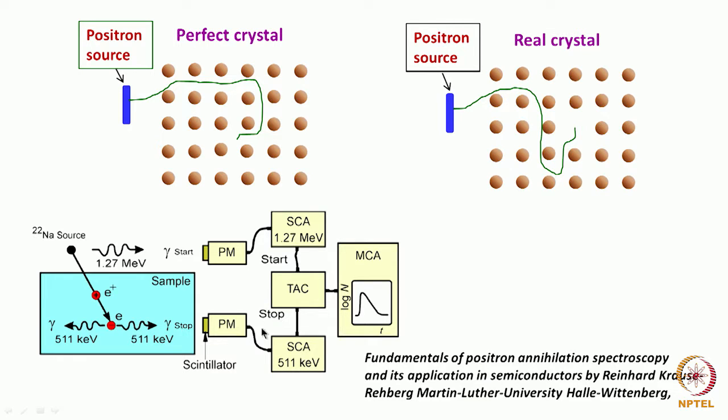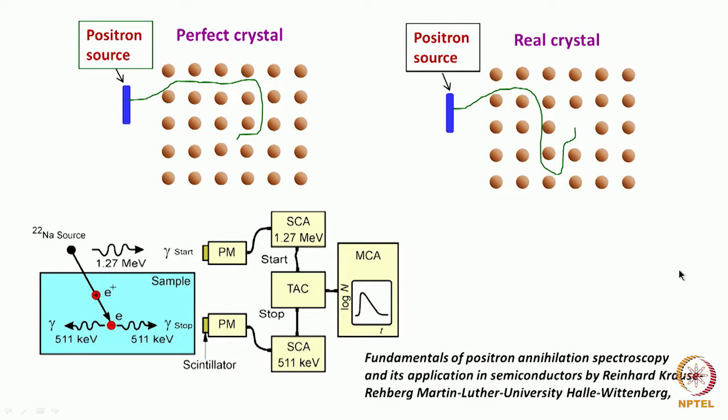The other one detects the gamma ray of 0.511 MeV. The time delay between these two gives you information about the lifetime of the positron, and from that we can get information about the nature of the defect.